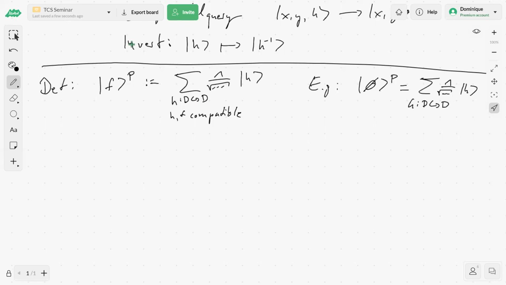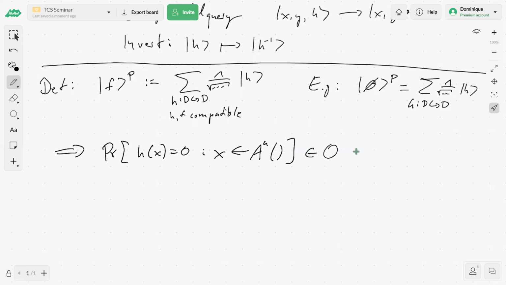So if we ignore invert for the moment, so let's say we are interested in a permutation oracle, a random permutation, but not an invertible one, and we want to know how hard it is to find a zero, then we get that the probability that h of x is 0, if A has access to h but not to the inverse, is again in O of q squared over 2 to the n, if h is a permutation.